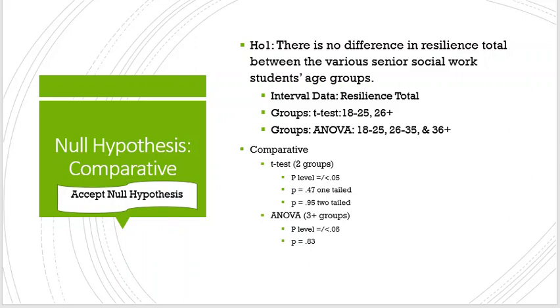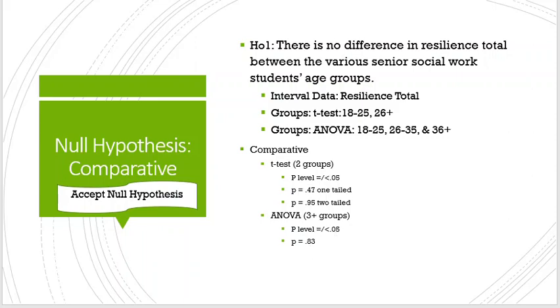After running the inferential statistics for both the t-test and the ANOVA, it was found that there is no significant difference, because this p-value of 0.95 and this p-value of 0.83 is much, much higher than 0.05.